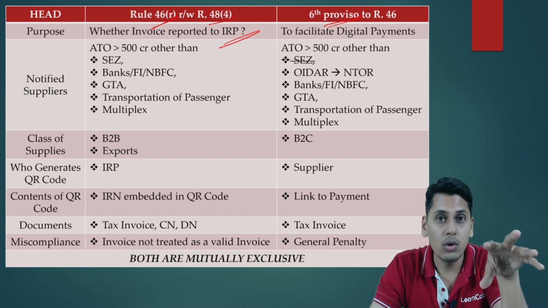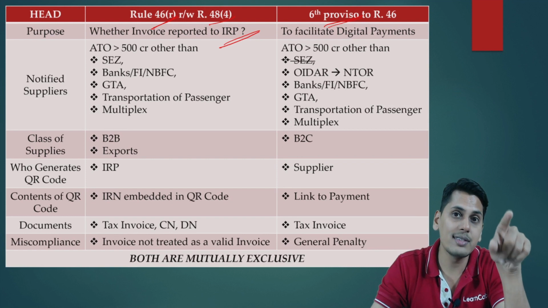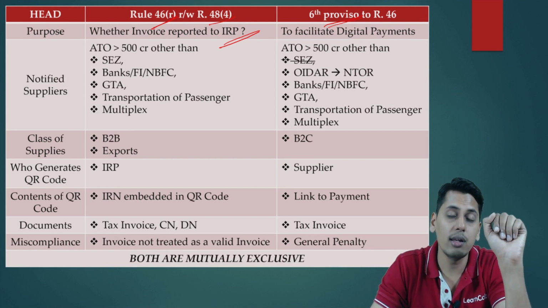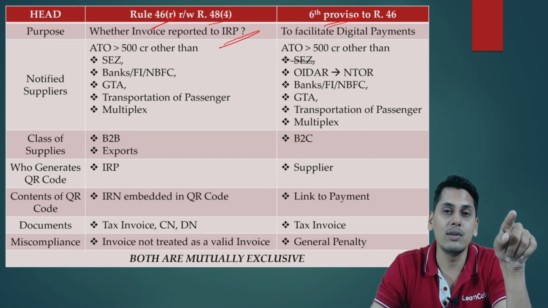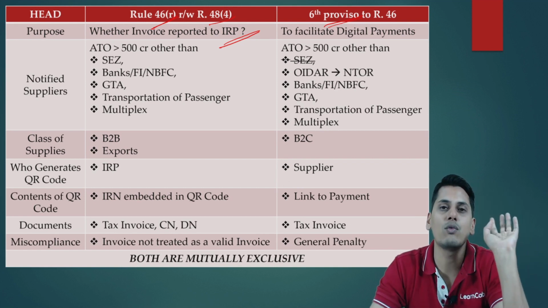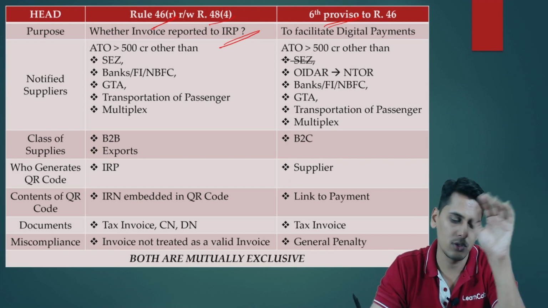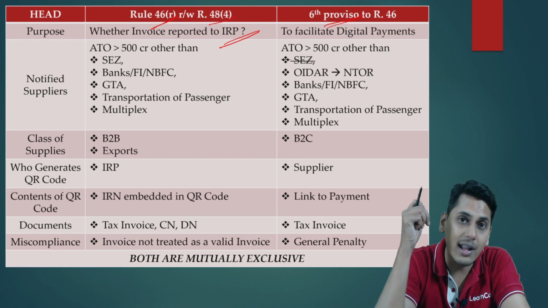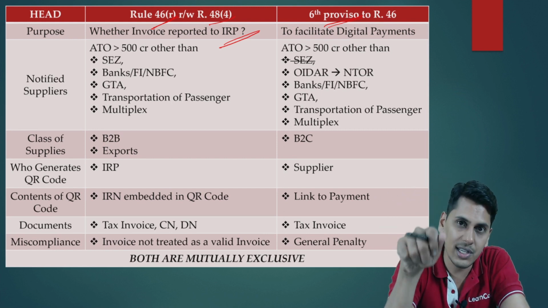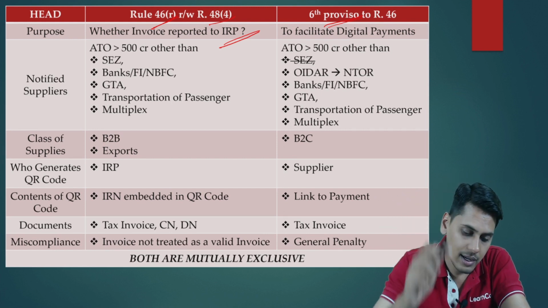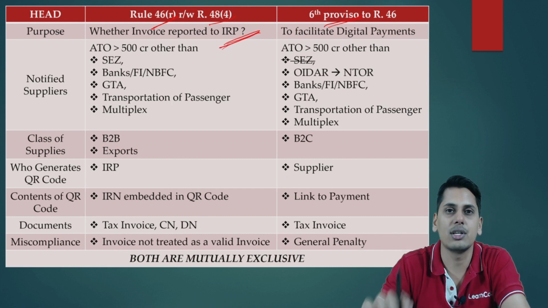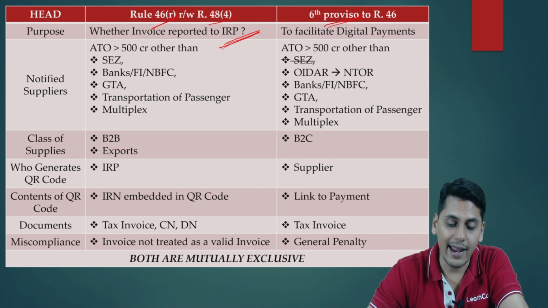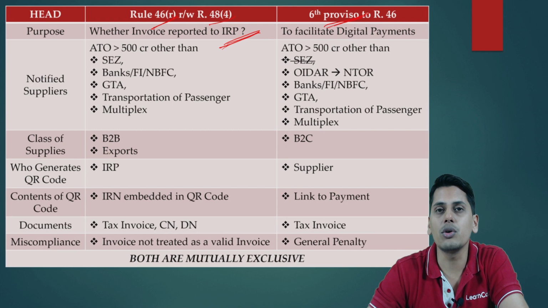It is going to tell you on which date this invoice was reported to the invoice registration portal. It is also going to tell you whether this invoice has been digitally signed by the invoice registration portal or not. So the only purpose is to check. On scanning the QR code, you will be able to check whether this invoice has been reported to the invoice registration portal. What is the purpose of the dynamic QR code in the sixth proviso to rule number 46?